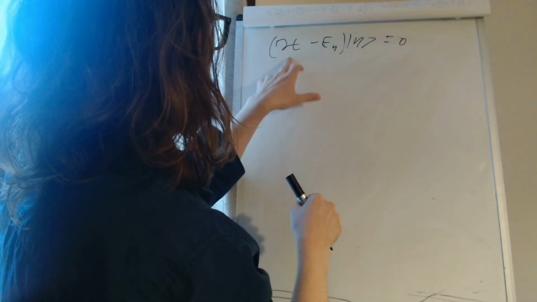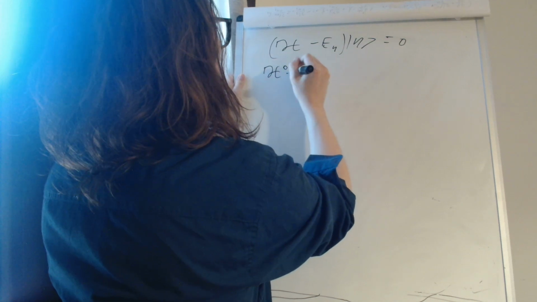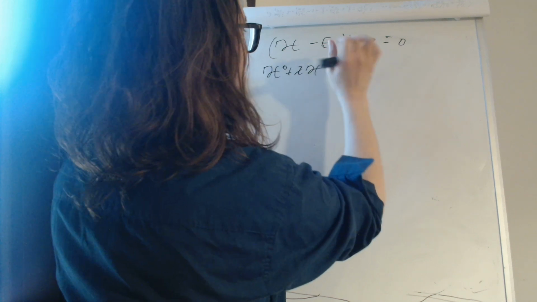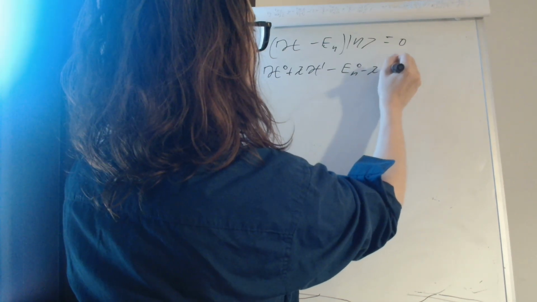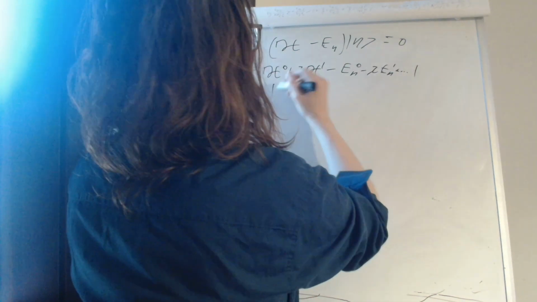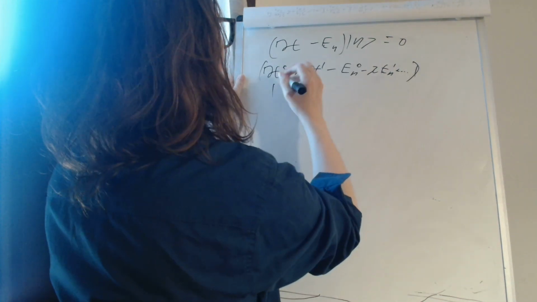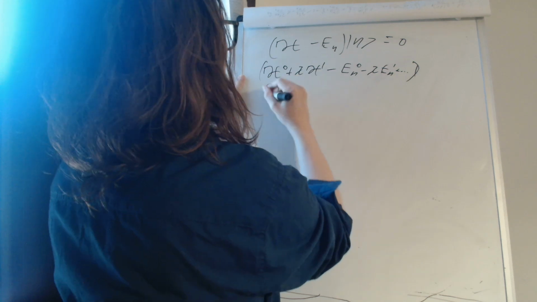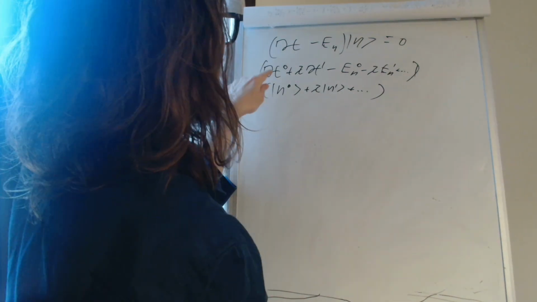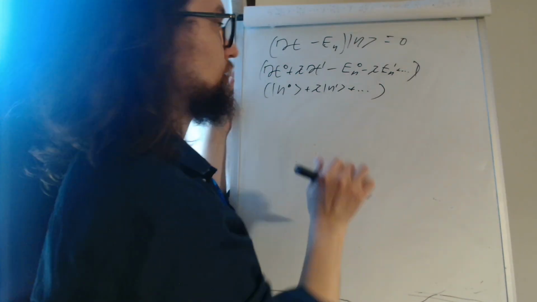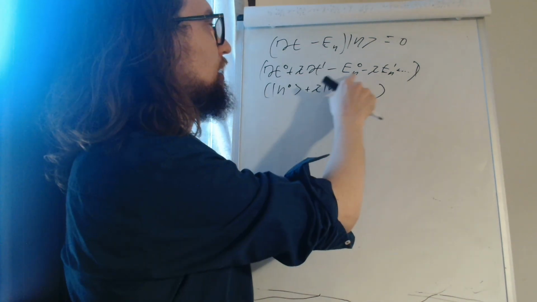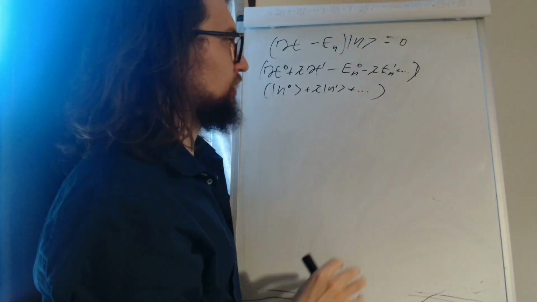We expand H, which is H0 plus lambda H1, and then we have to expand En, which is En0 plus lambda En1, and so on, and it is multiplied by the eigenstate, which we also expand: |n0> plus lambda |n1>, and so on. So remember that H has only two terms, the order 0 term and the order 1 term, and instead En and |n> have infinite perturbation terms.